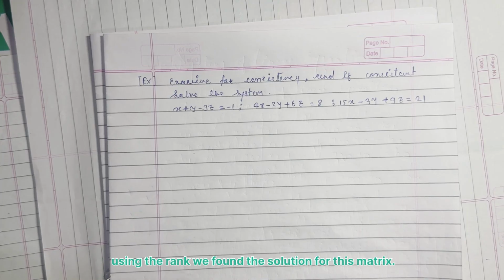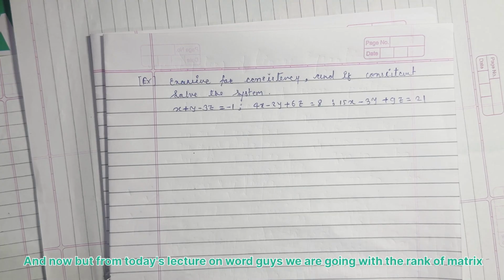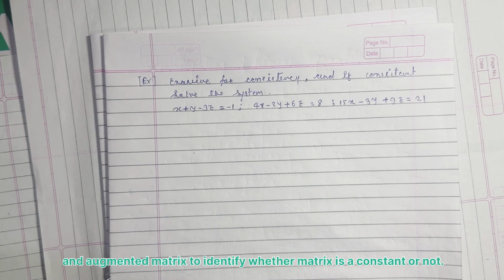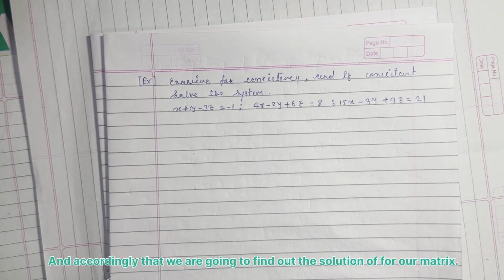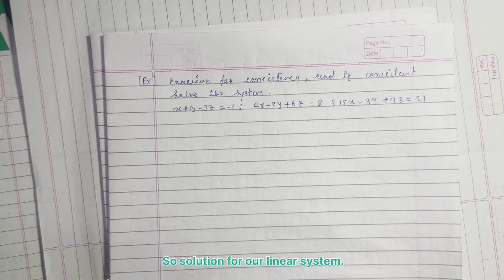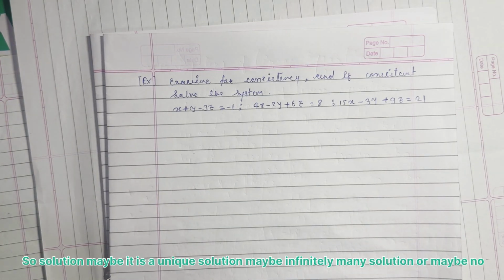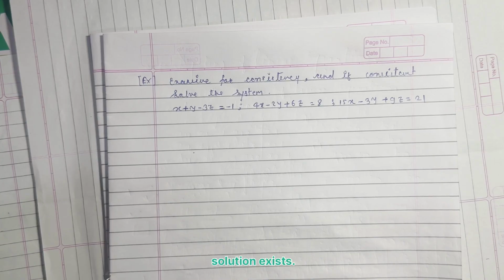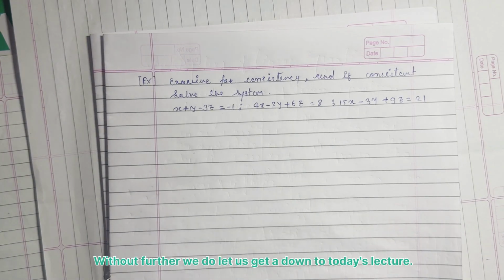But from today's lecture onward, we are going with the rank of the matrix and the augmented matrix to identify whether the matrix is consistent or not, and accordingly we are going to find out the solution for our linear system. Maybe it is a unique solution, maybe infinitely many solutions, or maybe no solution exists. So without further ado, let's dive into today's lecture.